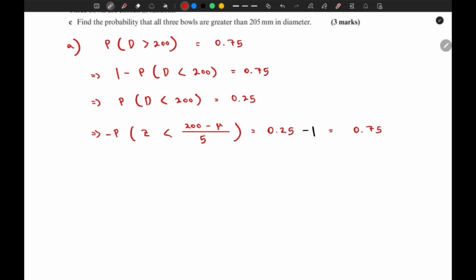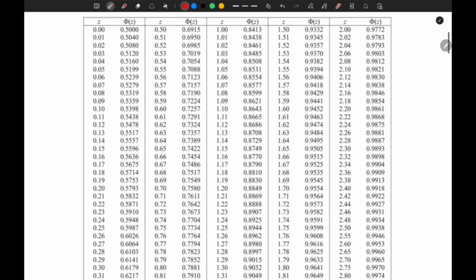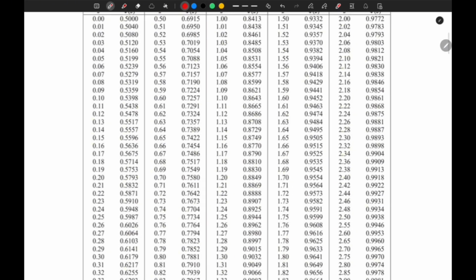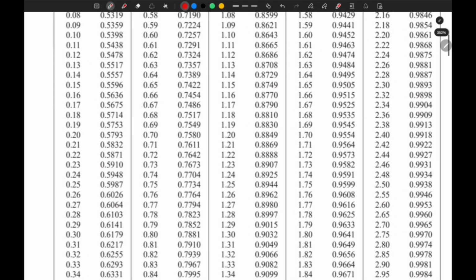So when the value of phi z is 0.75, we need to find out the value of z. So we need to go back to the statistical table. Now we do not have an exact value for 0.75, but we have a value which is very close to 0.75, which is this one.